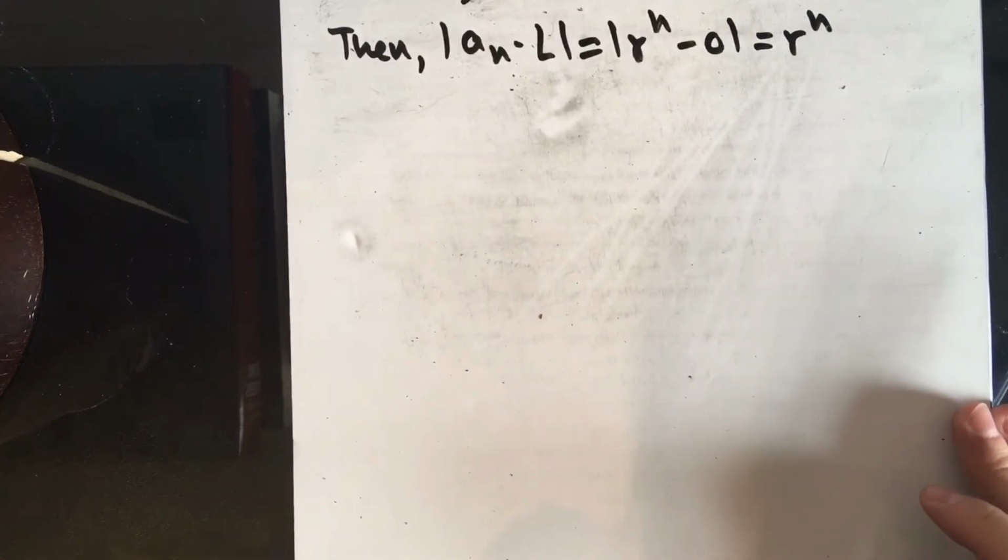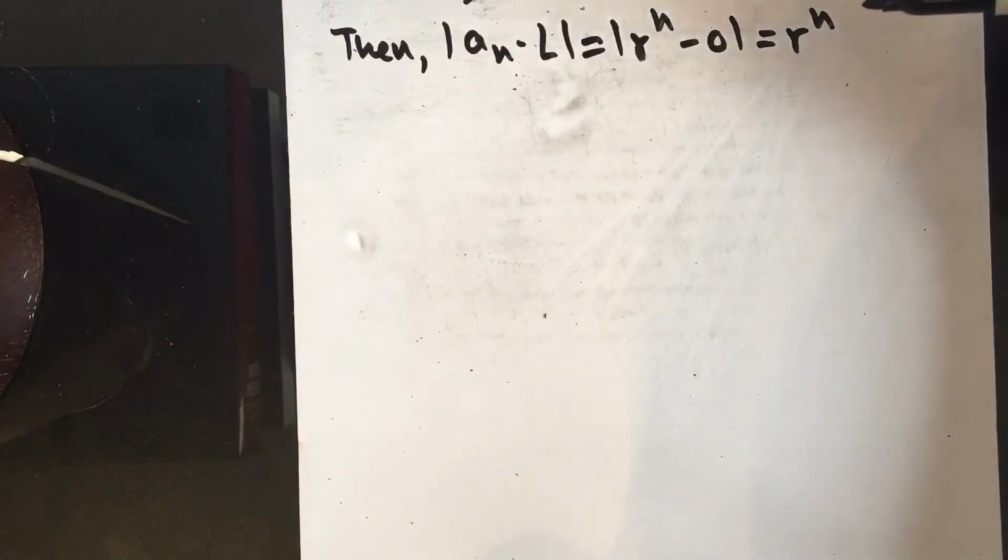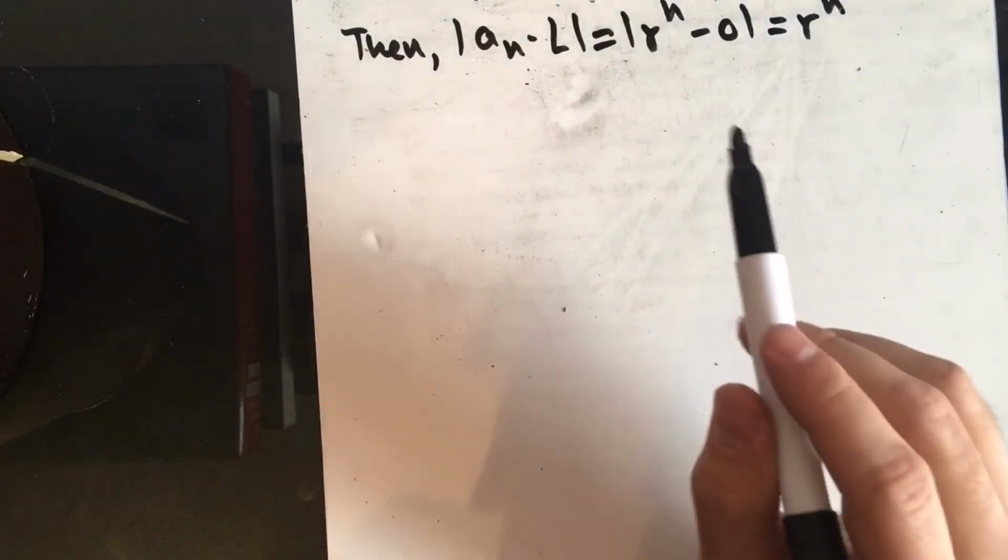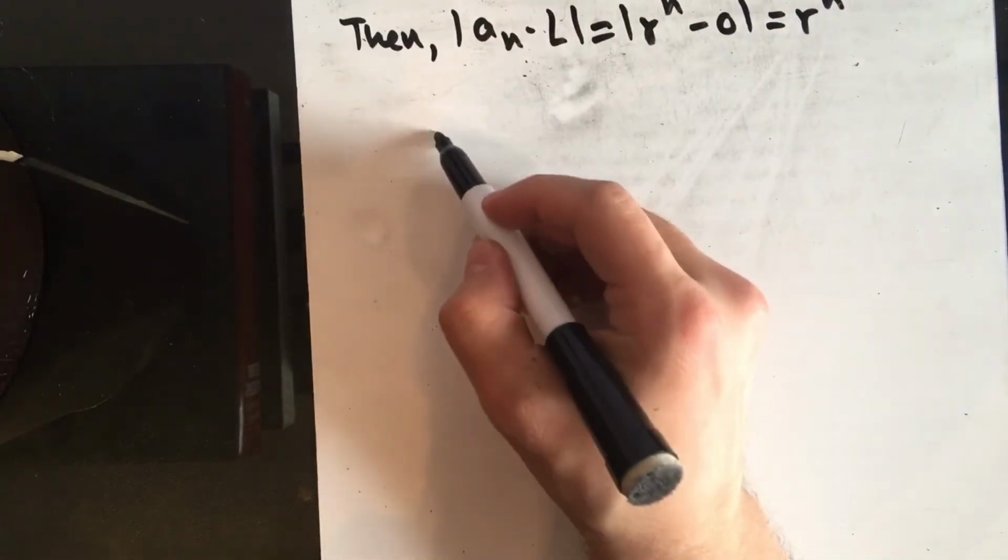So we notice that we can claim that the big N that we chose is certainly greater than the natural log of epsilon divided by the natural log of r. So this is just a comment. You don't have to include this in your proof.